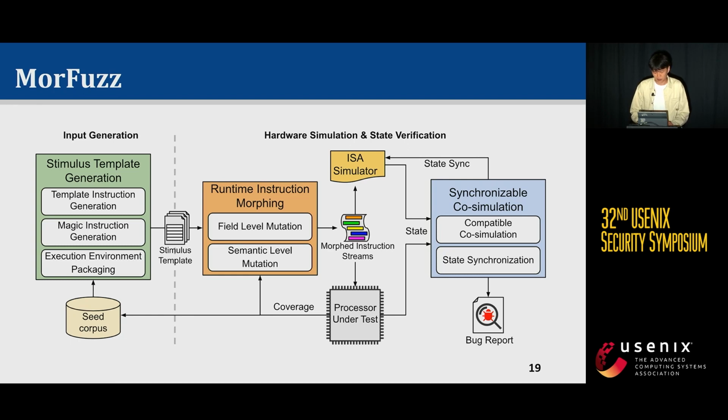During the simulation, the dummy template instructions are morphed into diverse and meaningful instructions. And we also run an ISA simulator in parallel to verify the DUT's behavior. When a legal implementation difference is detected, we use state synchronization to eliminate the false positive.